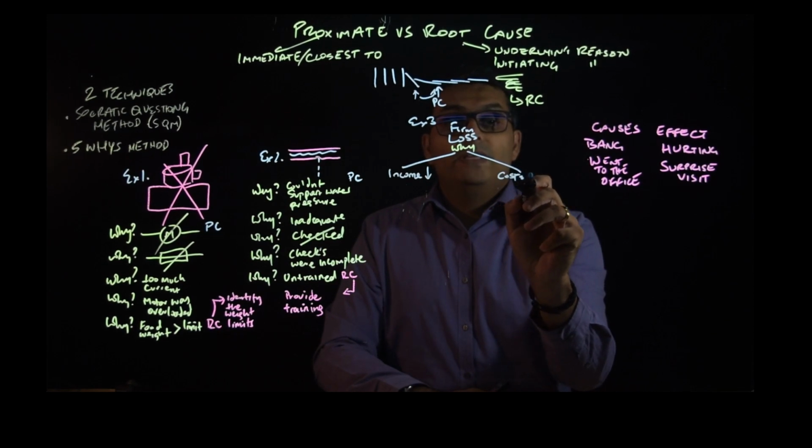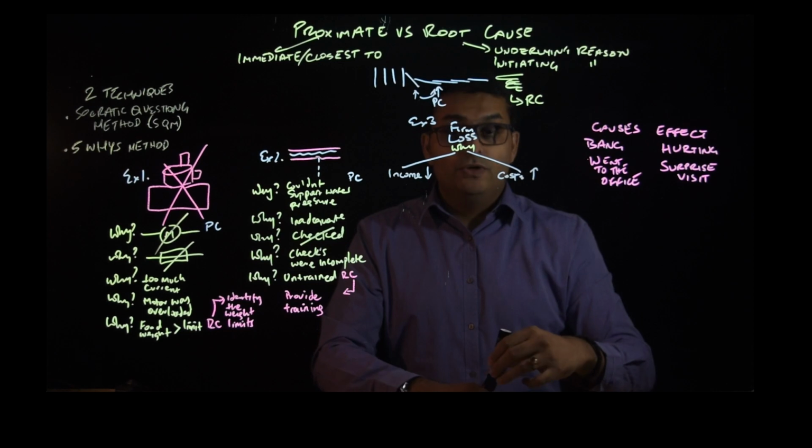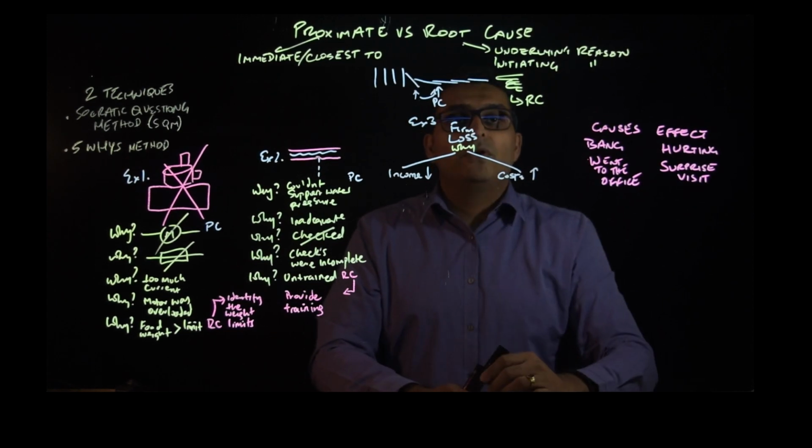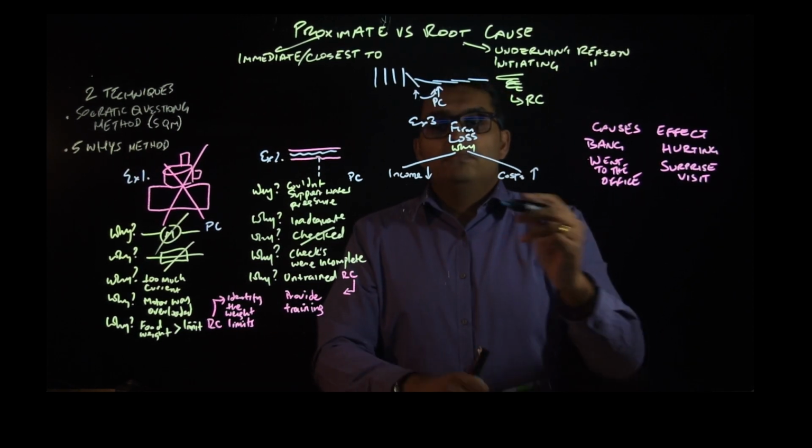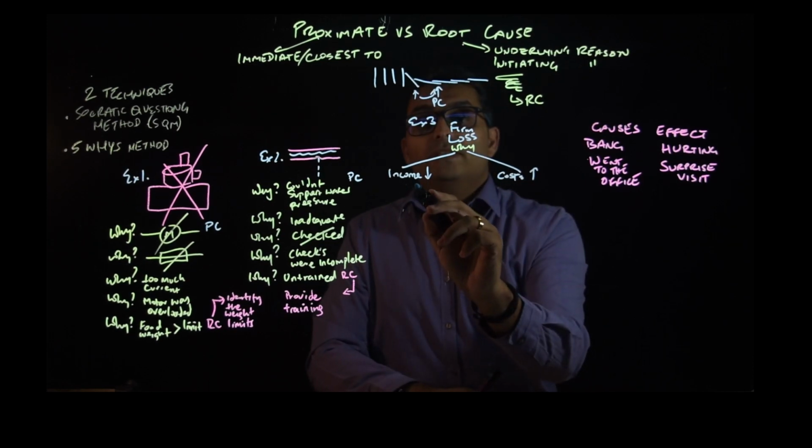The other reason is the costs are too high. So if we take the income branch first, why is the income too low? Two reasons here.